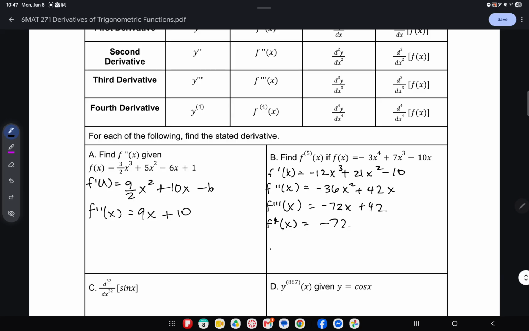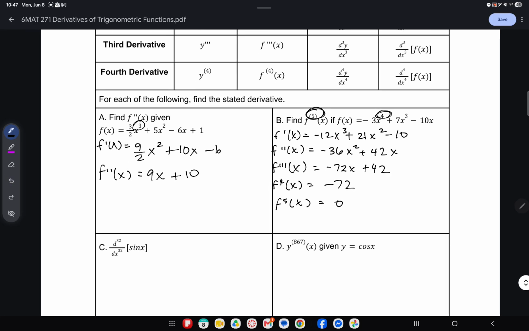Negative 72. And all right, I'll do a fifth. 0. So something interesting happened here. If I have a derivative that is higher than my highest degree, then it's going to go to 0 because I have nothing left to take. Remember, the derivative takes 1 from the power each time with the power rule. So like here, this third degree, if I was taking 2 derivatives, I'm left with 1. So that's a fun fact here.